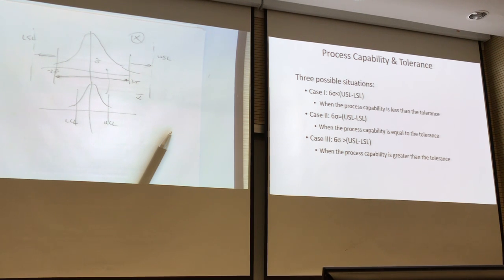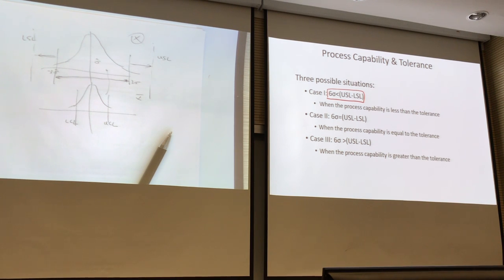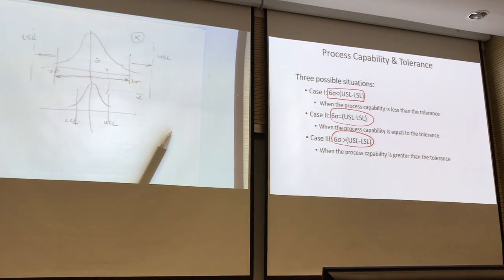So we have three cases here. Case one, our specification is very good, it's very much bigger than the process spread. Case two, you want to consider, if they are equal, what is it? And case three, if the process spread is bigger than the spec, what is the scenario?